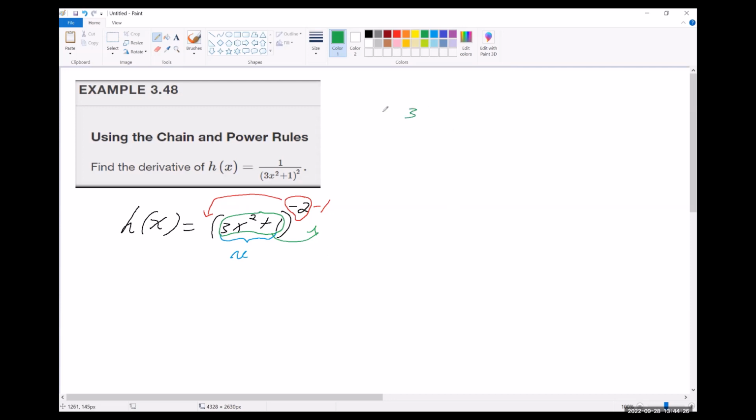Real quickly, if u is 3x squared plus 1, then u prime is 6x, take away 1. Well, it's just 6x. I'm going to erase some of this because I think it'll be confusing.